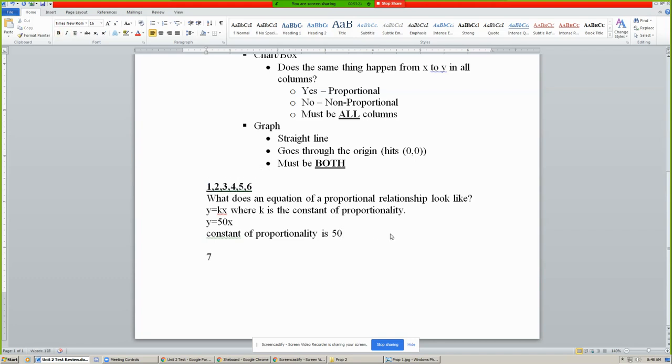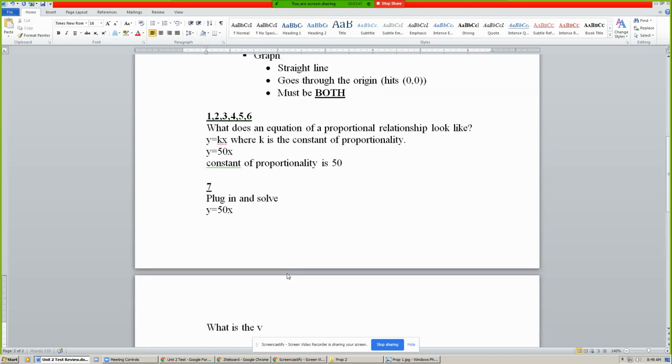Okay, question 7. It's just a plug and solve. So for instance, if y equals 50x, and it asks what is the value when x is 3, plug 3 in for x and solve.